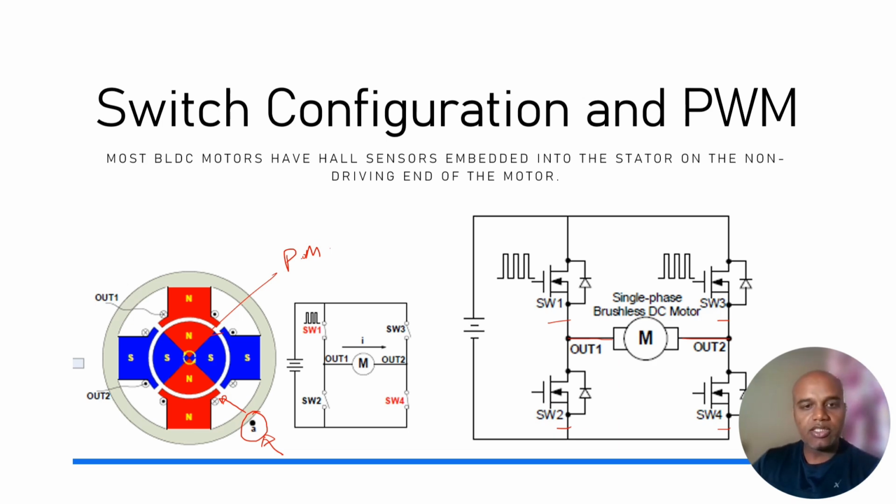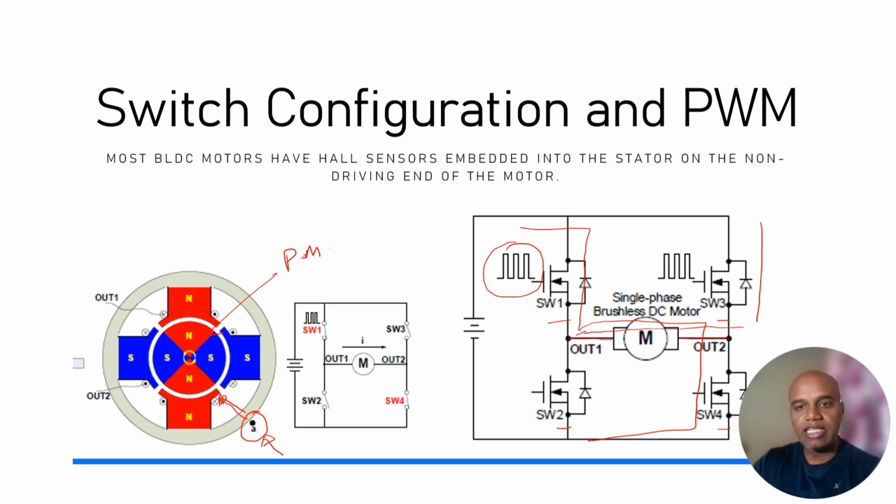So to understand the switching and how switches 1 to 4 operate over here, let's take the rotor position, which is currently situated at this, and at this position we can see that the Hall sensor is under the influence of the N pole of the rotor, and we are giving the modulated pulse to switch number 1. So the circuit will get completed either through switch 1, the motor, and switch 4, or it will get completed through switch 3 and then going through the motor.